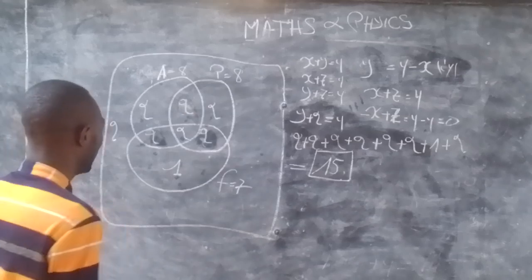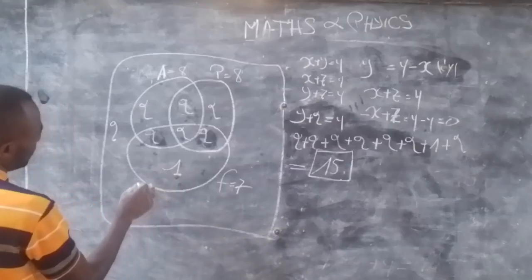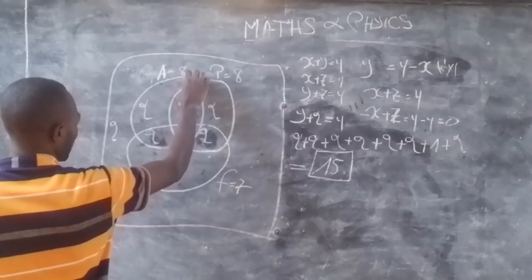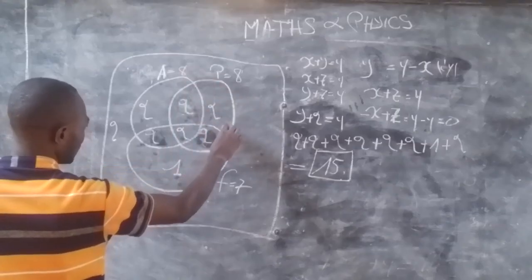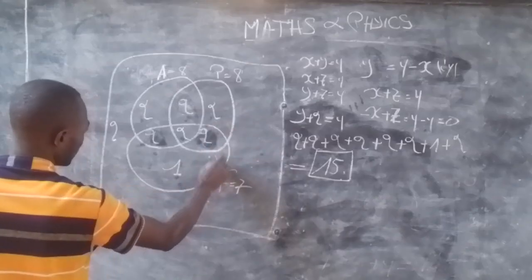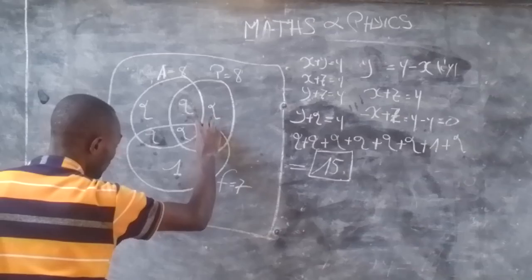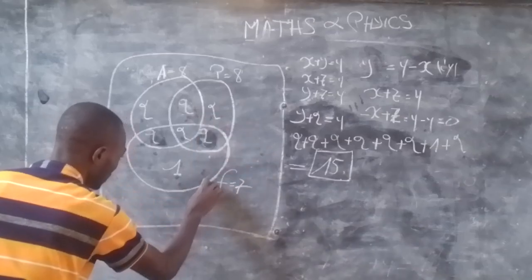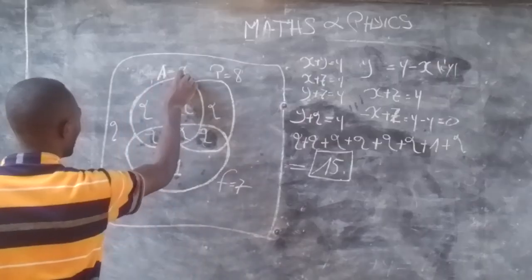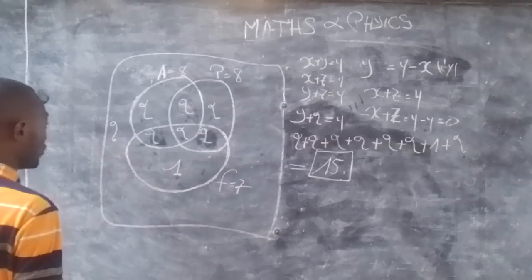If we are asked to determine the number who does not participate in production, we will take these numbers who do not participate in production. We take this number here and come in this way, also up to here. So you will include also these two, which are outside our subset.